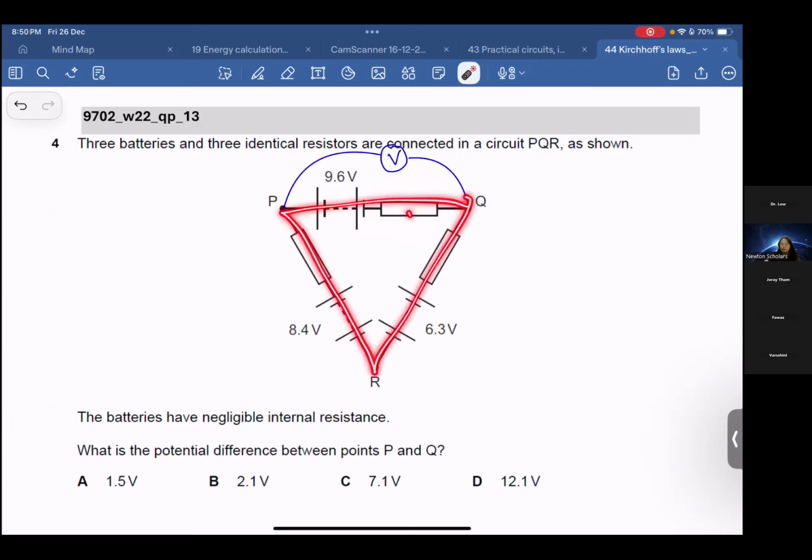Since these three resistors are identical, the total EMF will be shared by these three. So you will know how much voltage will be used up by this component. So can you try step by step, calculate what is the voltage across this arm? From the whole circuit, can you find out what is the voltage across one resistor?